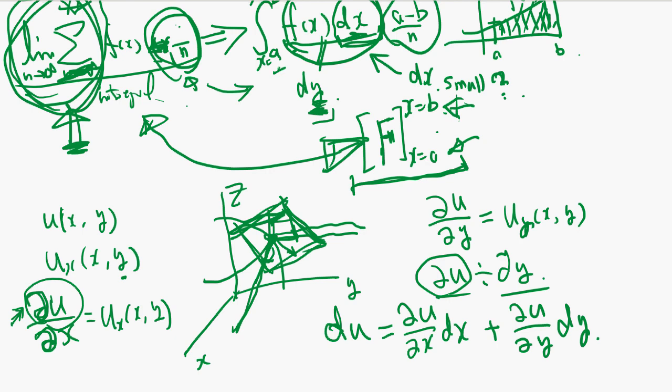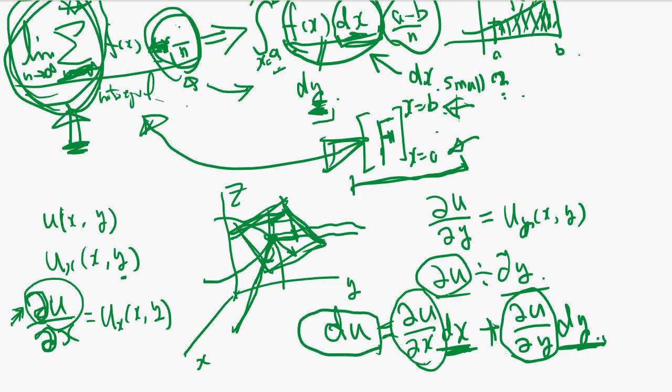So what happened is, this is the slope in the x direction times the increment delta x, dx, and the slope in the y direction times the increment dy, which becomes the total increment du. This is all within that linear plane.